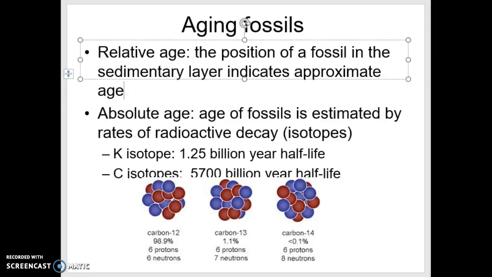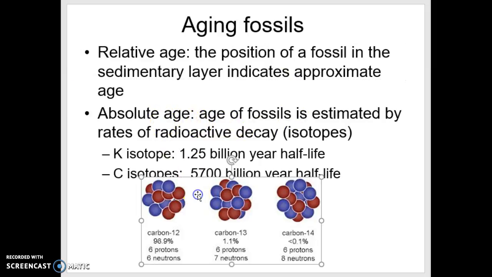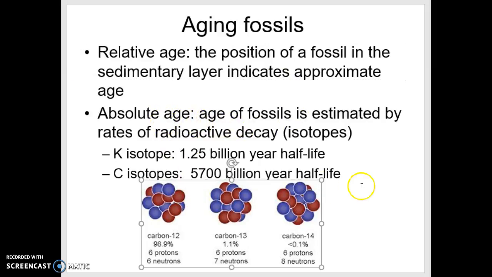So that's perspective. If it's sitting in the fossil layer so many feet down, so many centimeters down, etc., it can give us a rough age, a relative age of that fossil. Say, well, it's approximately 12 million years old or 375 million years old, etc., based upon its position in the fossil layer.